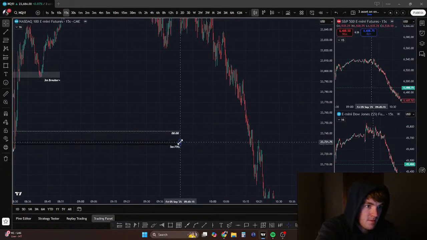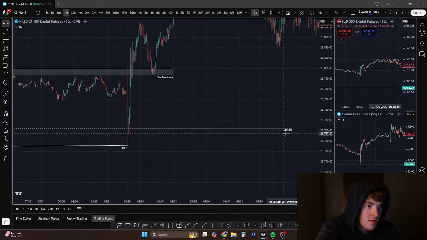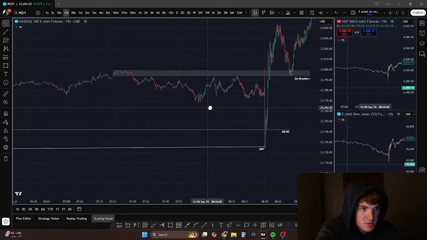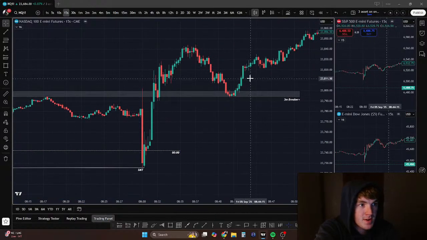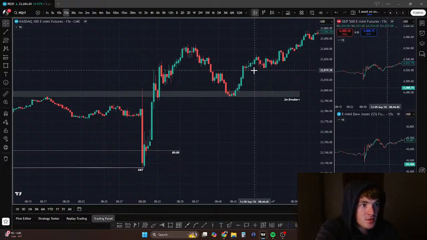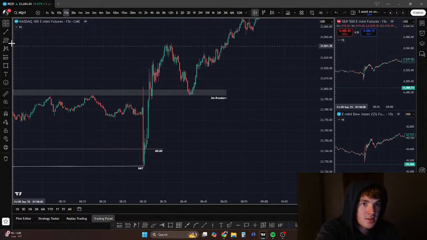So yeah, I'm going to get rid of that. So yeah, SMT below midnight, 3-minute breaker, 15-second change in state. We do not come back to tap it, but you could theoretically enter on the close.